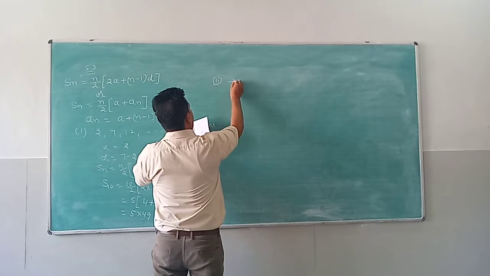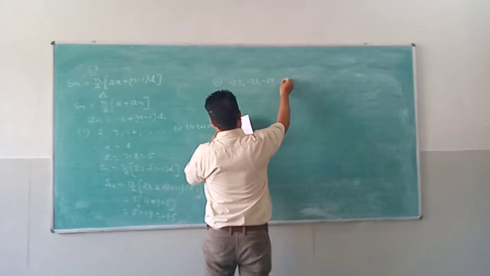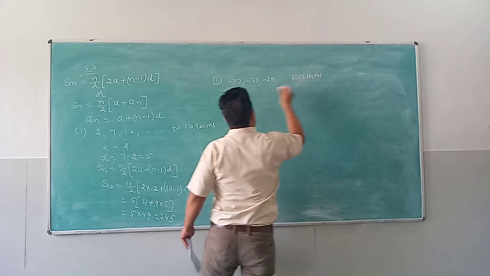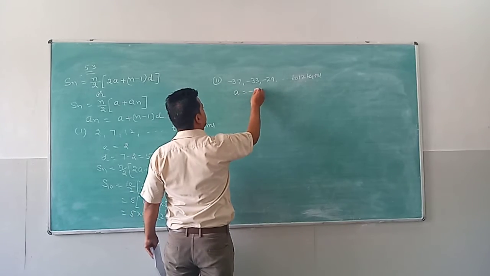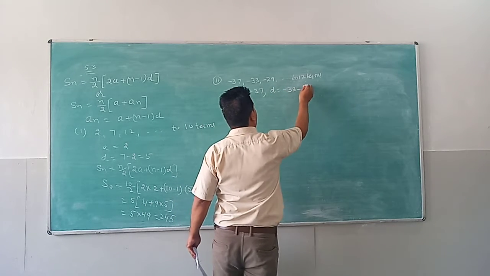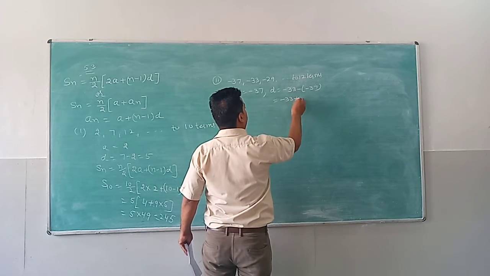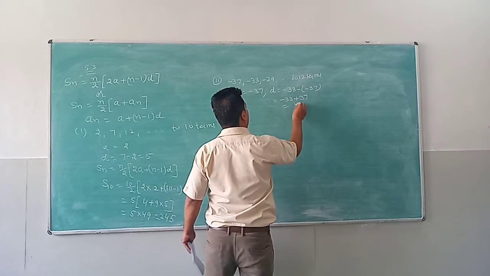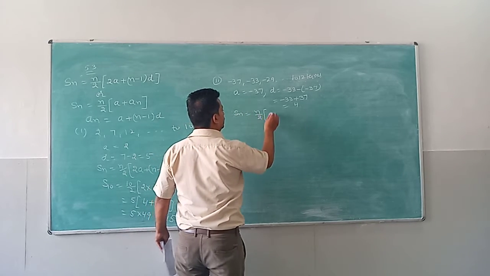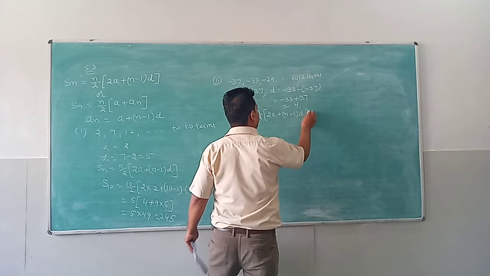In the second part, minus 37, minus 33, minus 29, up to 12 terms. In this AP, a is minus 37, and the common difference is a2 minus a1, which is minus 33 plus 37, that's 4. And Sn is n upon 2 into 2a plus n minus 1 into d.